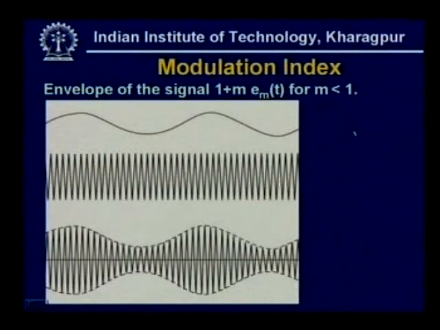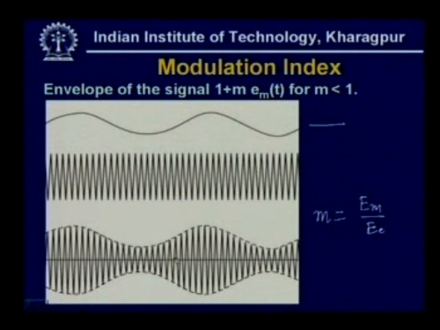That means in this case we get M equal to E_m by E_c. In this particular case, E_m is the maximum amplitude of the modulating signal, and E_c is the maximum amplitude of the carrier.